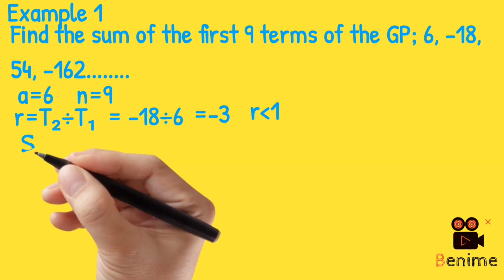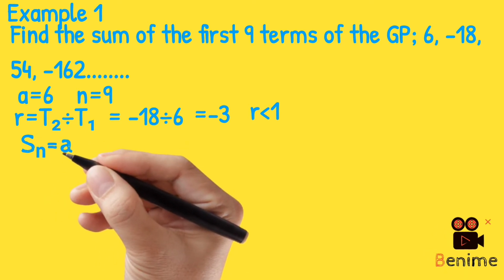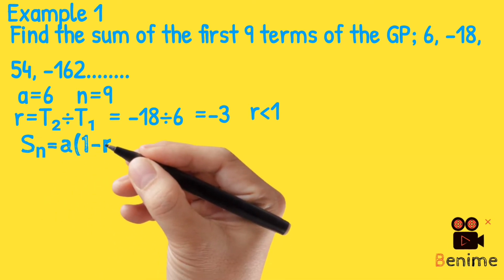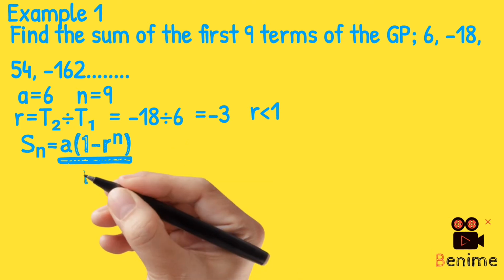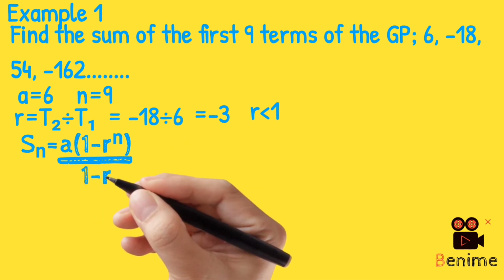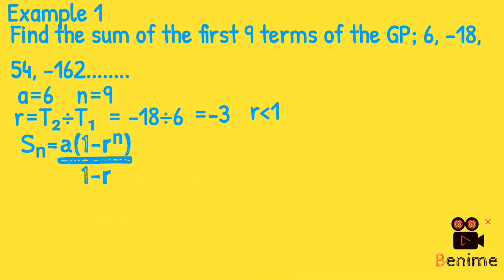That's the formula Sn is equal to A(1 - R^n) all over 1 - R. As I said before, you can use the other formula and you will get a correct answer, but it's easier to use this formula since the common ratio is less than 1.